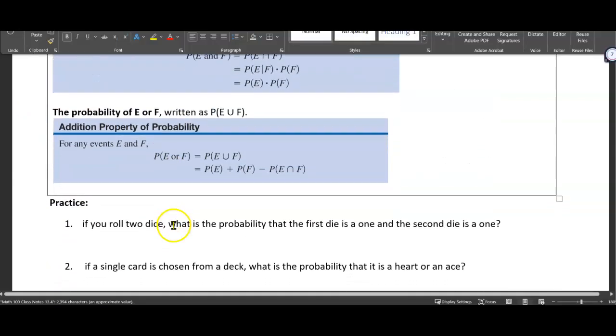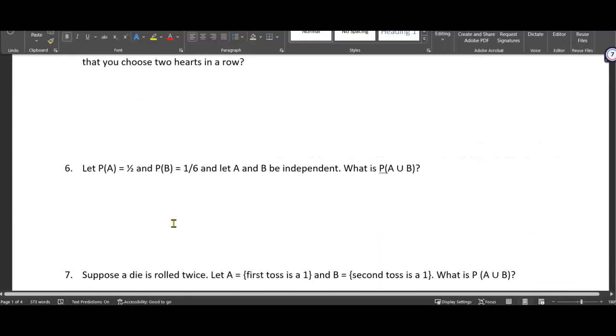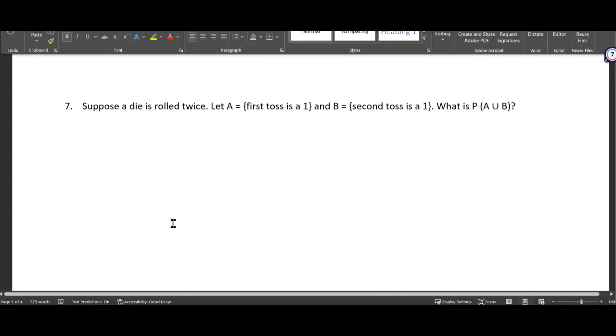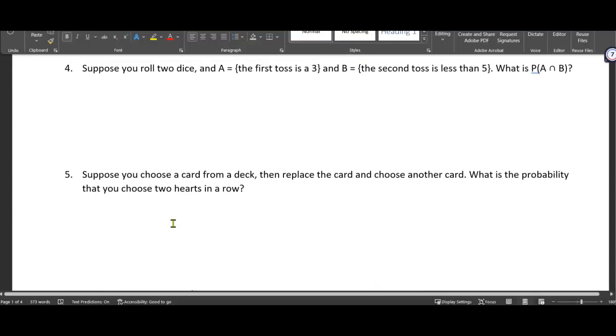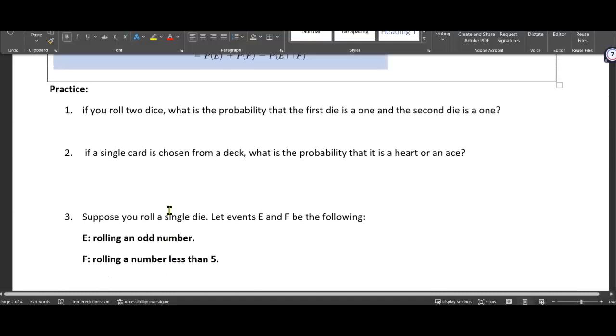Okay, so what question were we on? Start over again. Was it number 3? No, it was number 2, the heart and ace, right? So I have to rewrite it again.